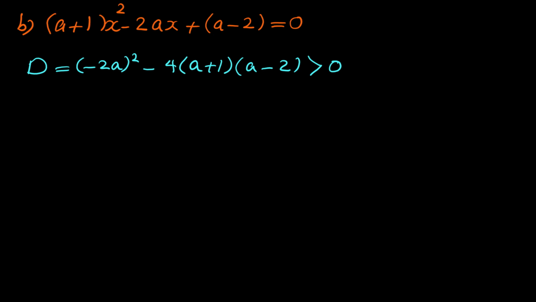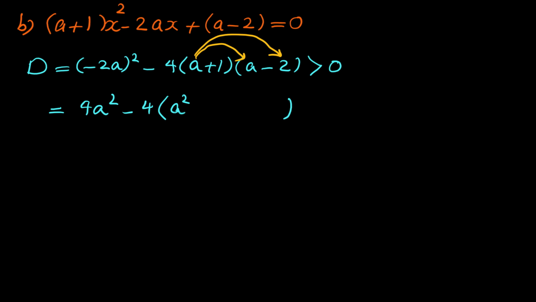Let's simplify the left side. In the left side, we have negative 2a to the 2, which is 4a to the 2, minus 4 times. Let's multiply these two brackets by each other. A plus 1 times a minus 2. If we use the FOIL method, or if we multiply term by term, a times a is a to the 2.